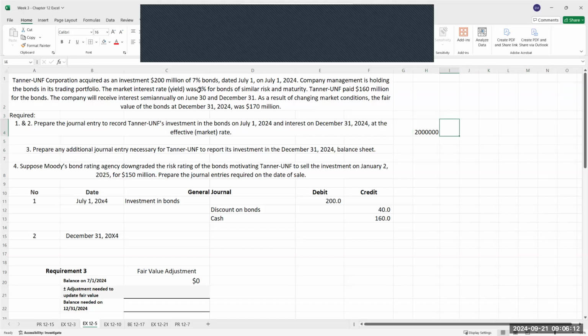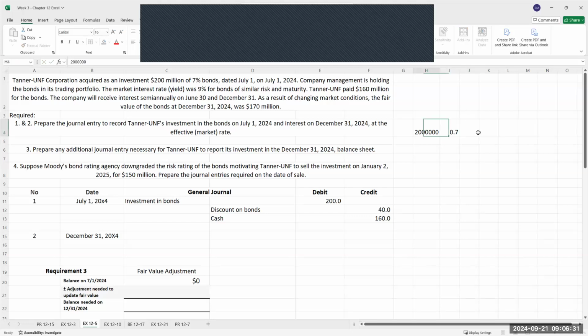And we know that the amount of interest that we are promising to pay is 7%, but it says that we're making payments semi-annually, which means twice a year. So we have our 7%, but then we need to divide it.